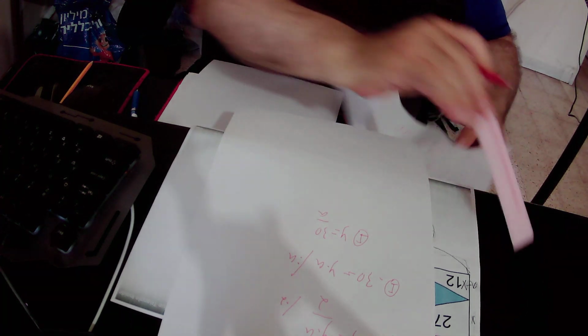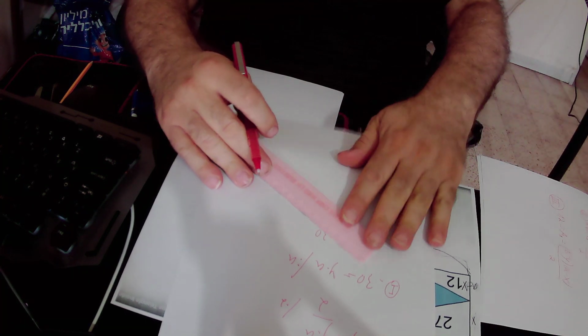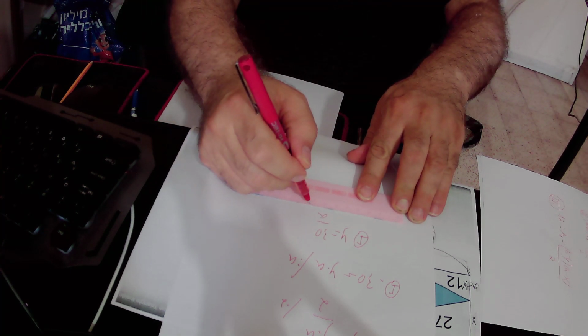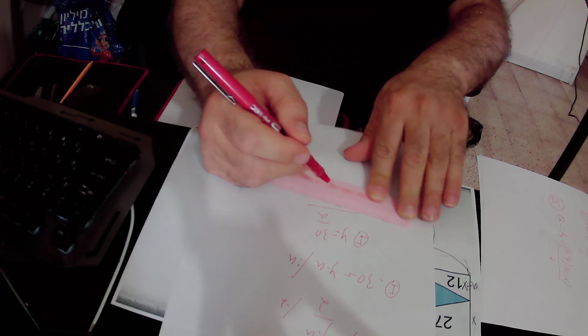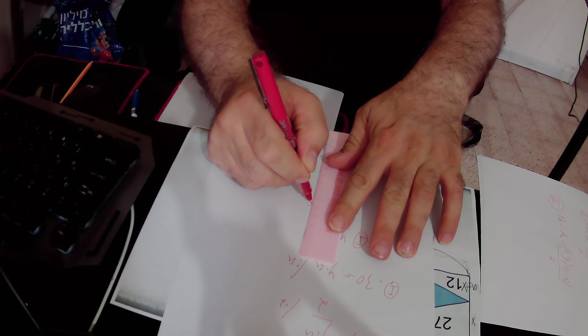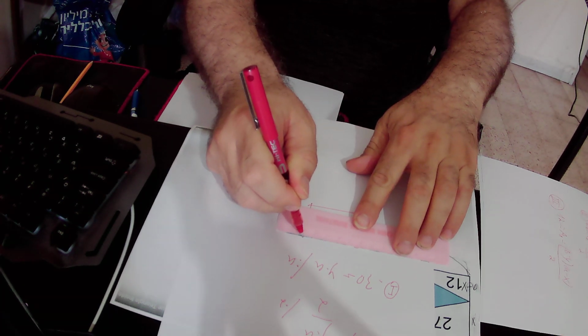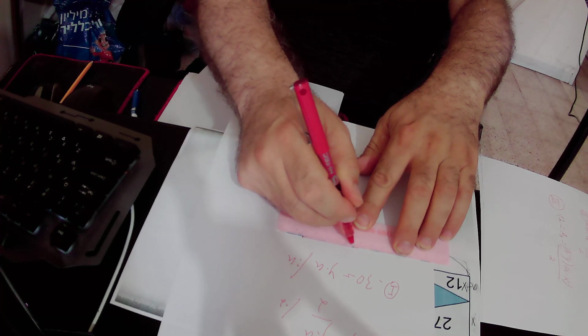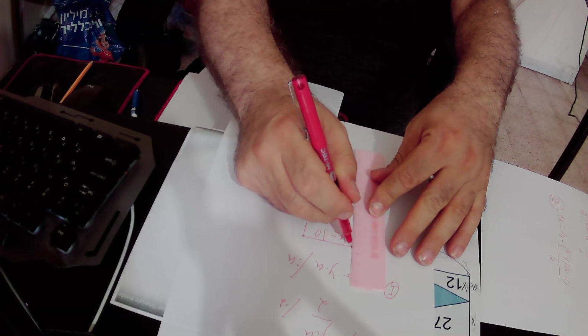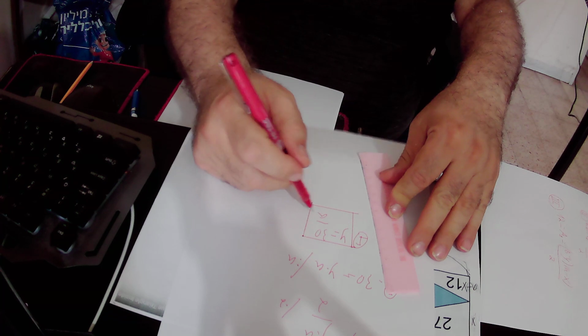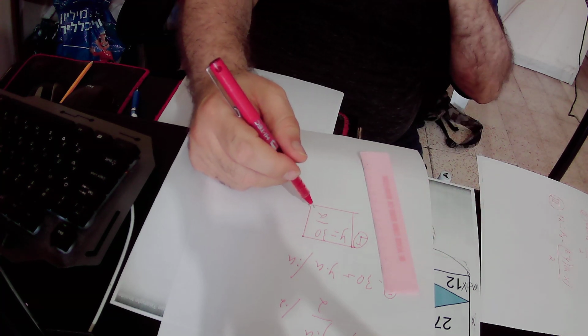Okay? So we took y out of the equation. Y equals 30 over a.